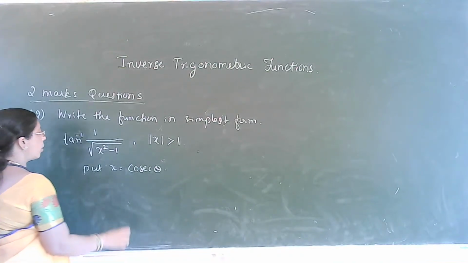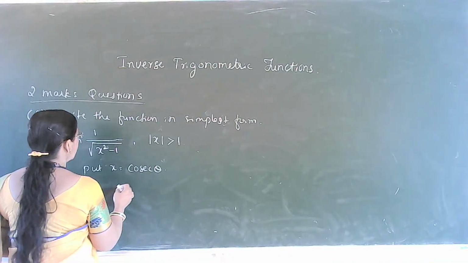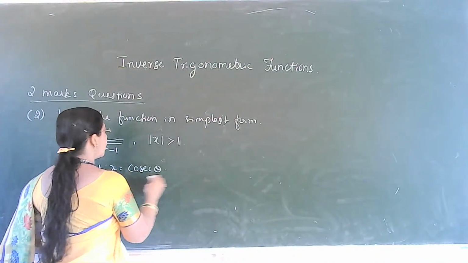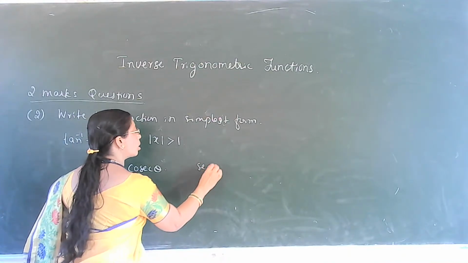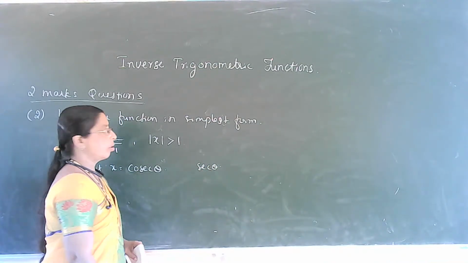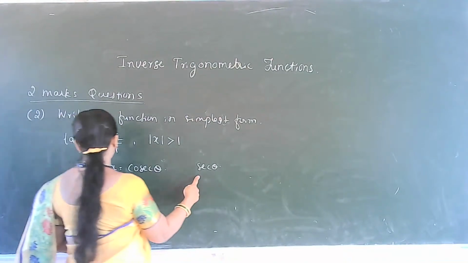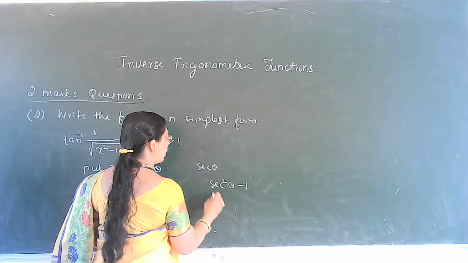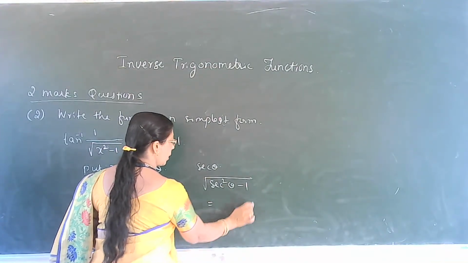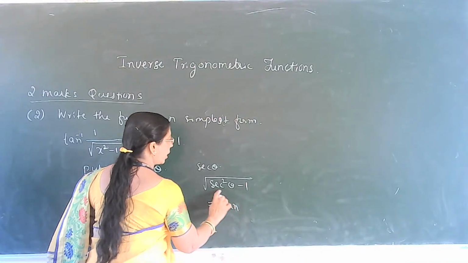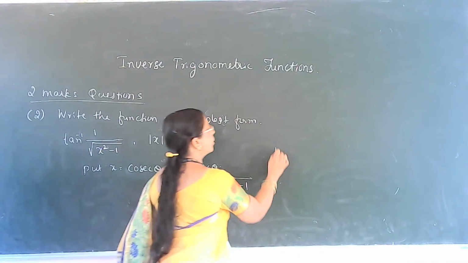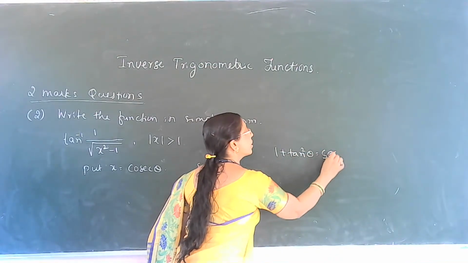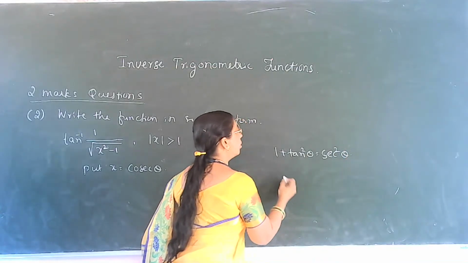Then it is equal to... here if you take sec theta, then it's sec square theta minus 1, under the square root, which becomes tan square theta. 1 plus tan square theta is equal to sec square theta.